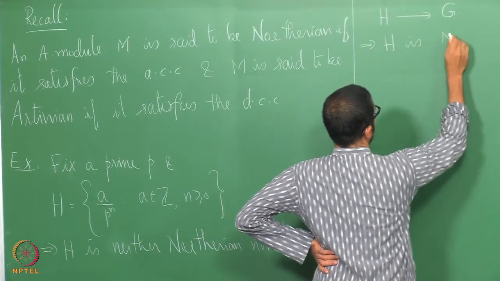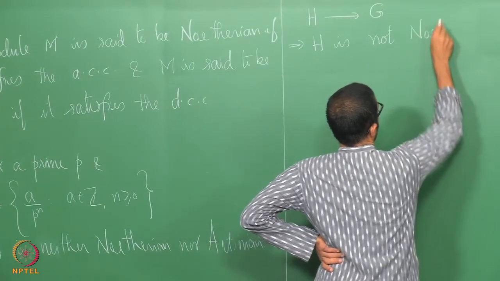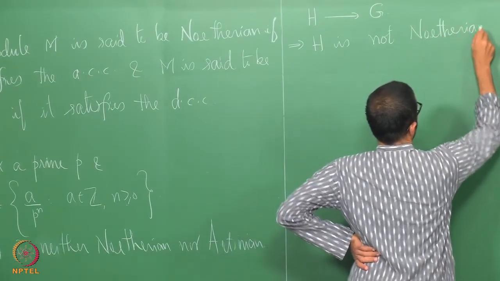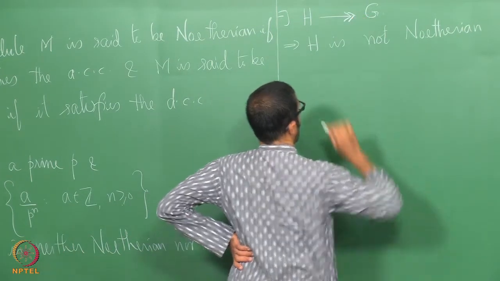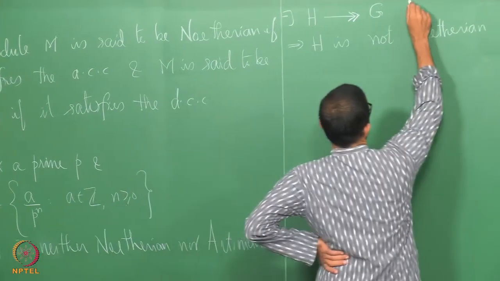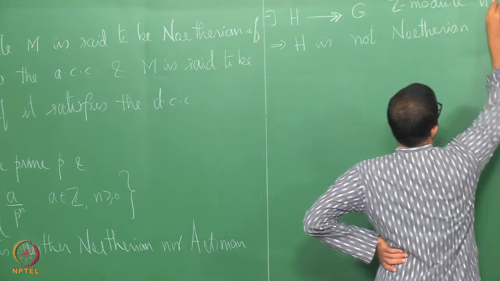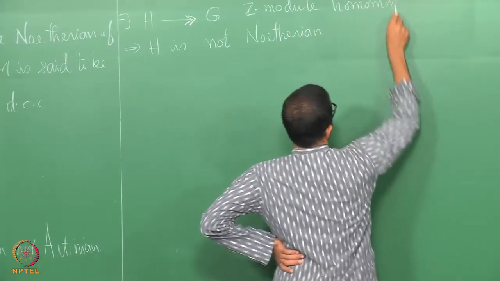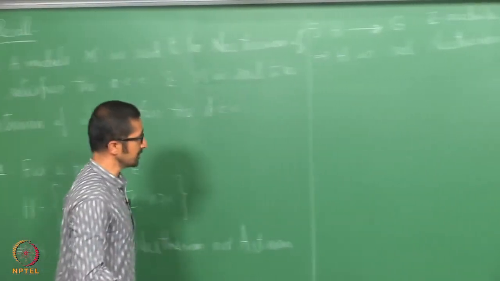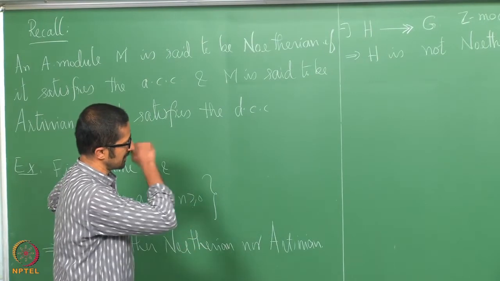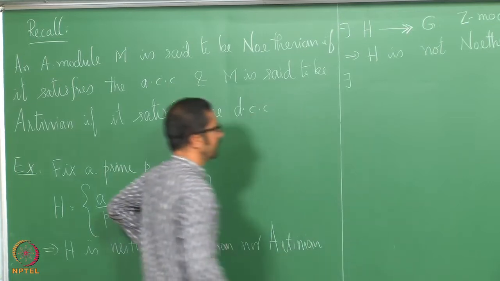H is not Noetherian, there exists an onto Z module homomorphism. Z is not Noetherian, and you can see this the other way.